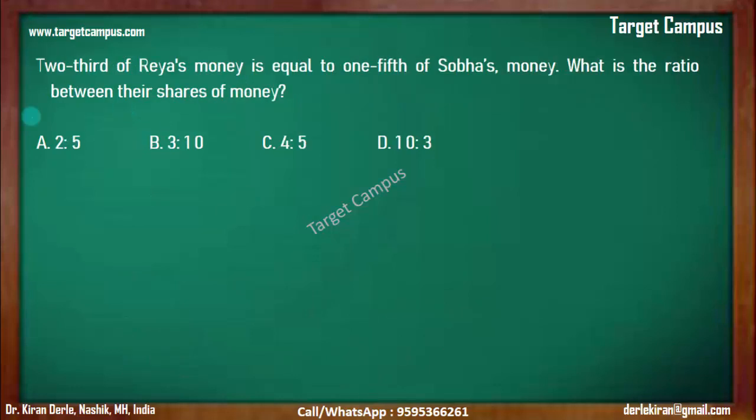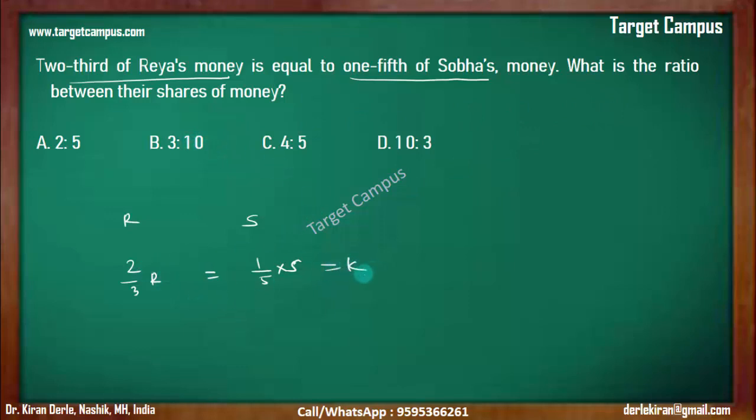So let's have this one. Two-third of Rhea's money is equal to one-fourth of Shobha's money. So let's say Rhea has R and she has S. So two-third of R is equal to one-fifth of S. What is the ratio between their shares of money? So again, this is pretty much simple.